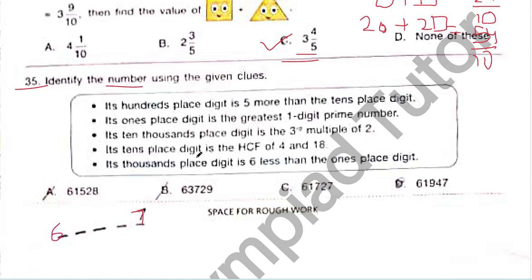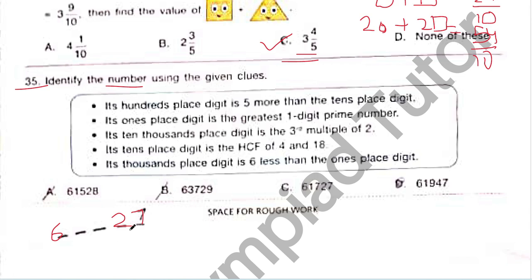Its tens place digit is the HCF of 4 and 18, and 1000 place digit is 6 less than the ones place digit. Now HCF of 4 and 18 is 2, so the tens place is 2 here. Then it says its 100 place is 5 more than the tens place digit.